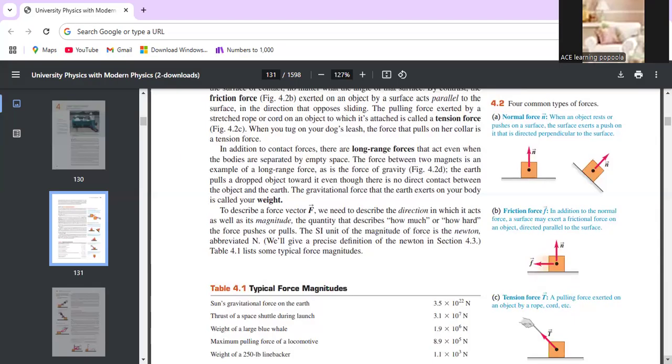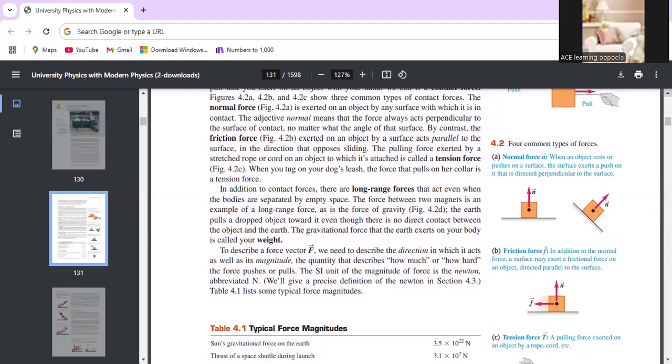Friction force is a force that opposes motion. Normal reaction force acts opposite to a body, and it's usually equal and opposite to the weight of a body.